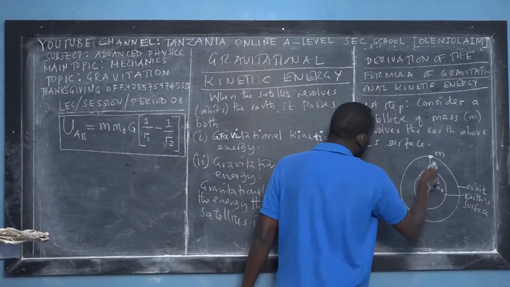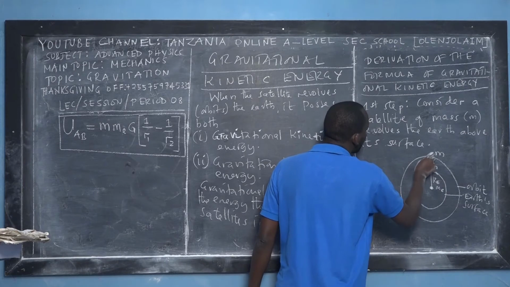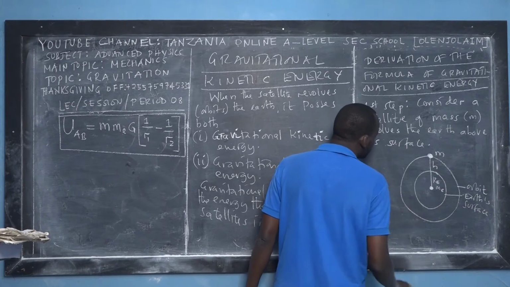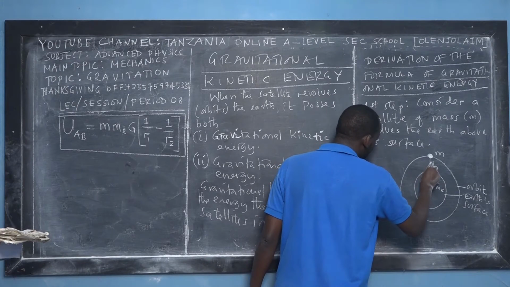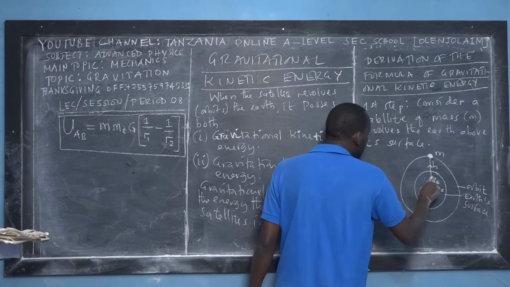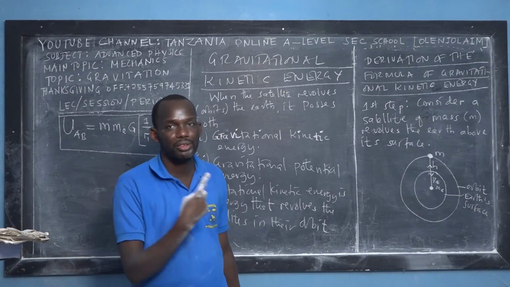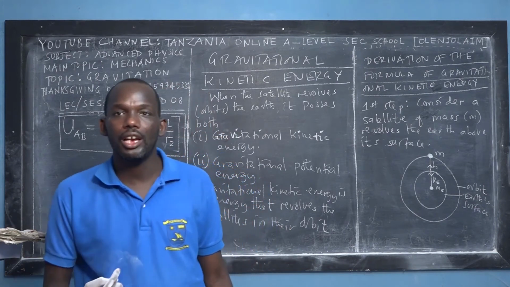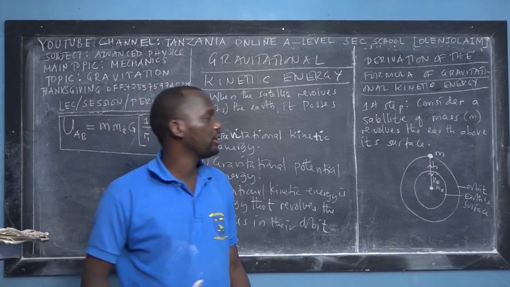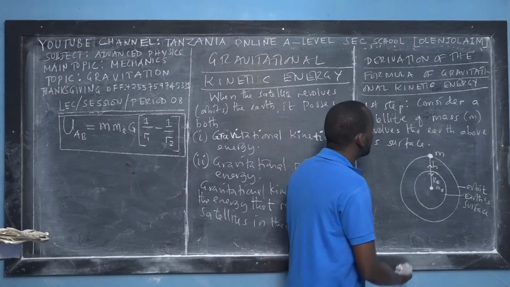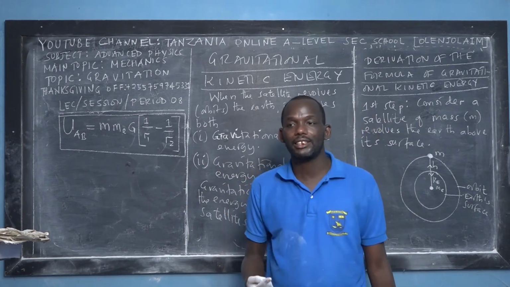So then we want to know two things. First of all, the force of attraction between the satellite and the S, right? The satellite will attract the S, and also the S will attract the satellite. That's the first type of the force experienced there. The second type of force experienced at this point is the centripetal force, which is provided by the satellite, right?